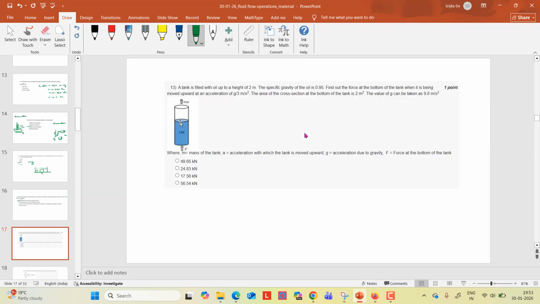Next. A tank is filled with oil up to a height of 2 meters. The specific gravity of the oil is 0.95. Find out the force at the bottom of the tank when it is being moved upward at an acceleration of g by 3 meter per second square. The area of the cross section at the bottom of the tank is 2 meters square. The g value can be taken as 9.8 meter per second square.